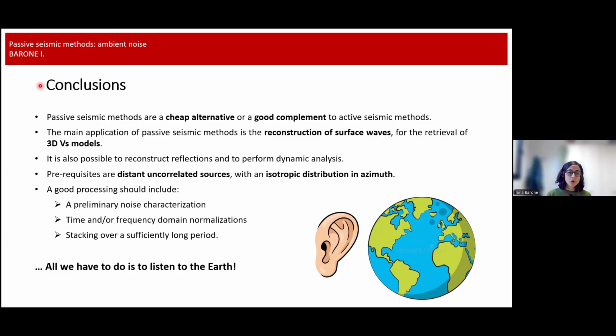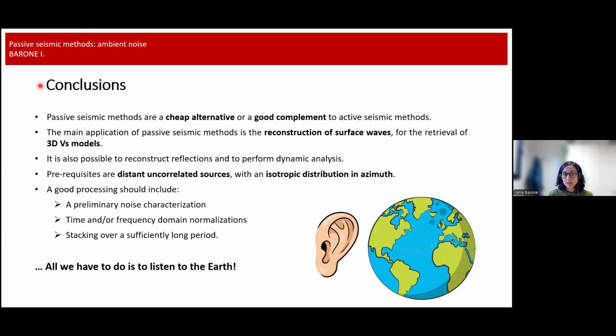We have seen that it's also possible to reconstruct reflections and to perform dynamic analysis, such as with Coda wave interferometry. Remember the prerequisites of the application of the method, which are to have distant uncorrelated sources with an isotropic distribution in azimuth.